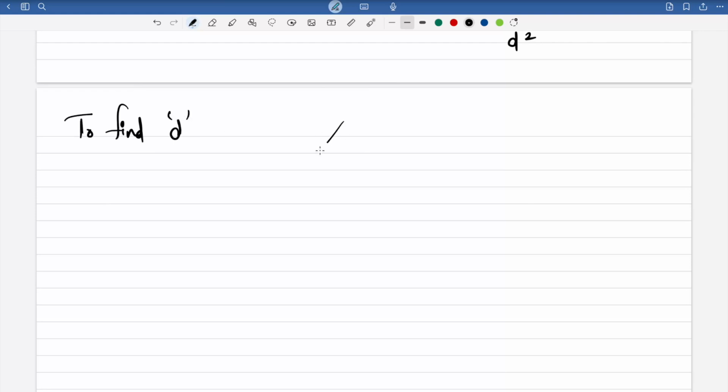I'll draw a picture here. So this is ball number 1, this is ball number 2, and they are separated by a distance D. Our objective is to find this distance. So what I'm going to do is divide this into half, like this.